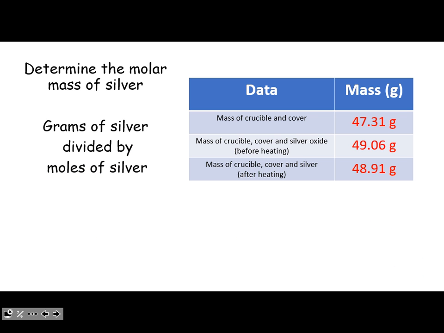Determine the molar mass of silver. Grams of silver, if I remember, I had 1.60 grams of silver divided by moles of silver. What did I just have there? 0.019. Does that sound right? Yep.